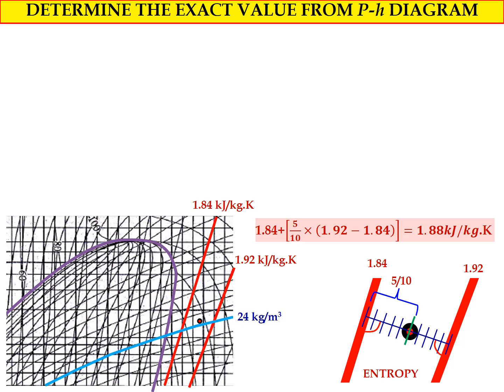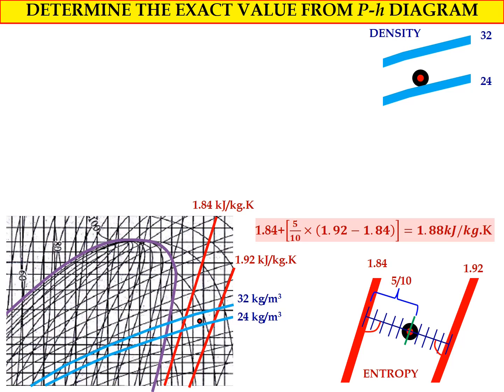So you need to find the line for the density, the closest line in terms of density to the intersection point. So we'll have two limits here, the lower limit and the upper limit. We have the line for density equal to 24 kilogram per meter cubic, and the upper limit in terms of density is 32 kilogram per meter cubic.